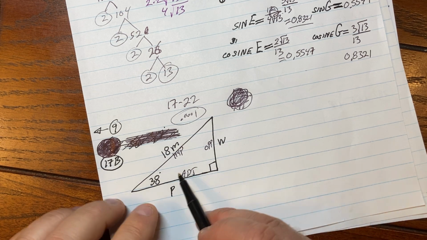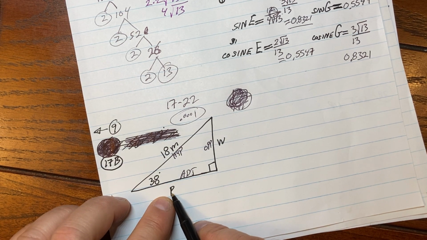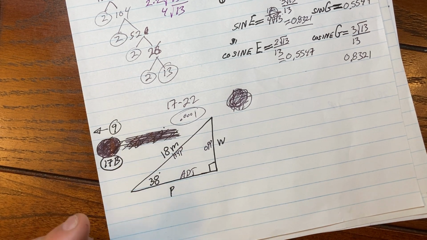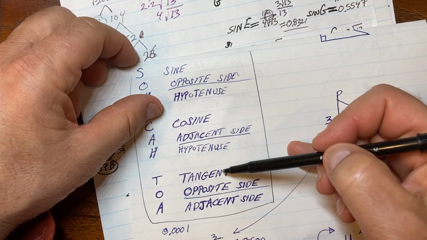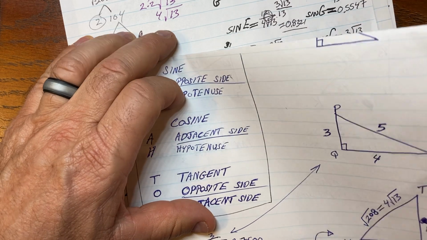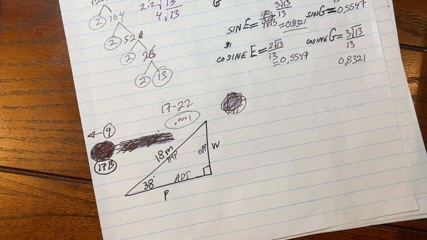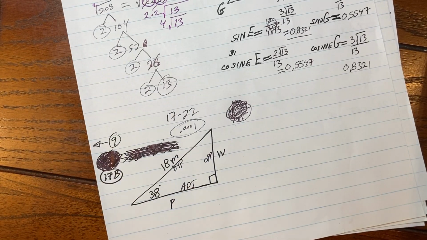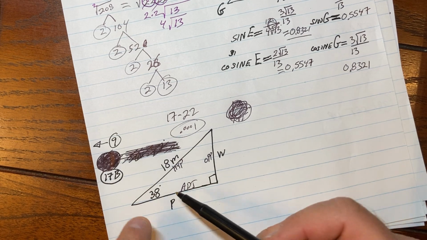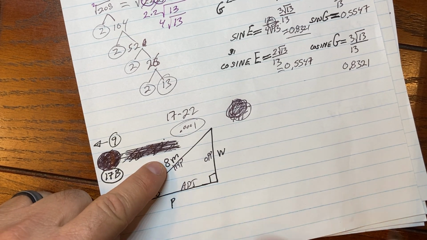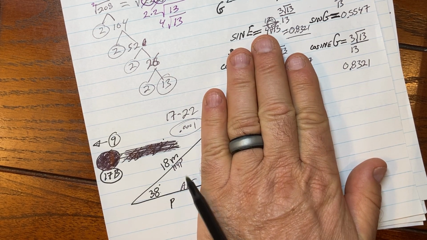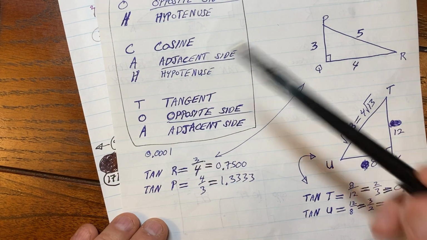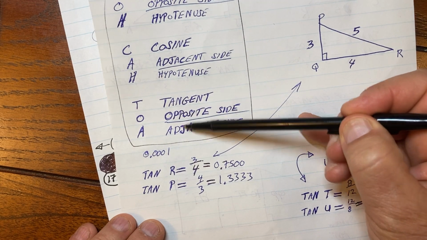So to find P, we have to figure out, do we use sine or cosine or tangent? That's where our brain has to start coming in. I just want to find P first. I'm using 38 degrees and 18. I'm going to ignore that side for right now. Right now, I'm using adjacent and hypotenuse. Is this adjacent and hypotenuse?